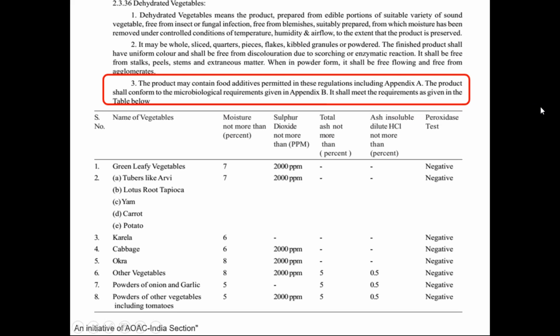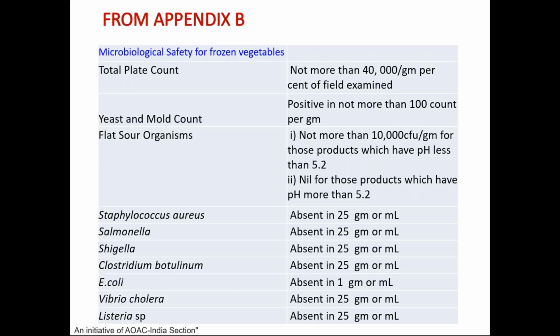So for the processed fruits and vegetables, they must conform to these microbial safety parameters. So the total plate count, yeast and mold and flat sour organisms tell you the hygiene, that is how hygienically they were processed.